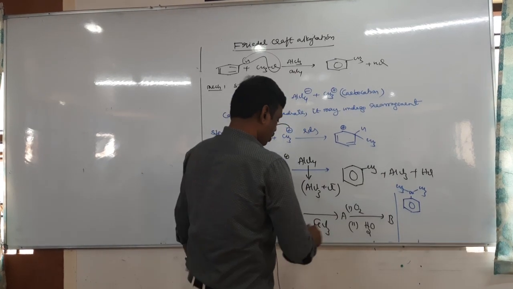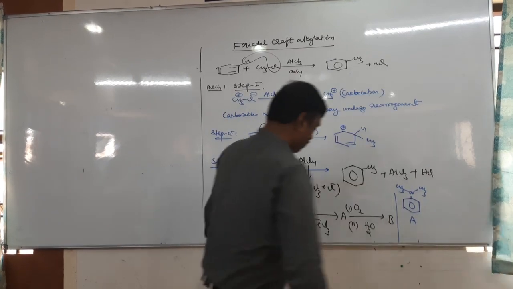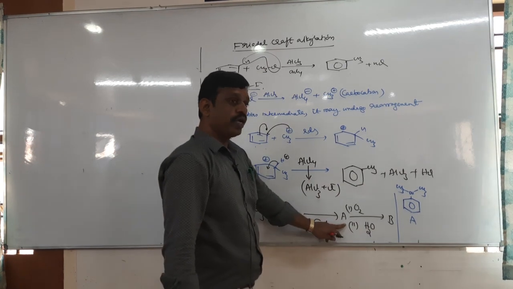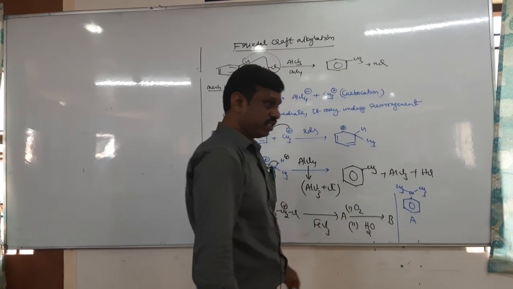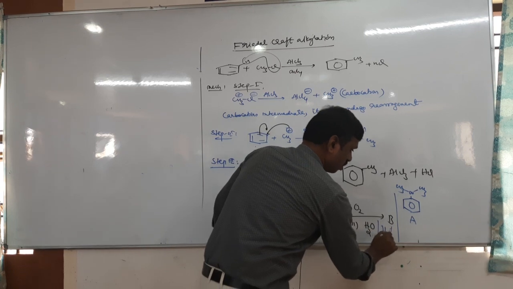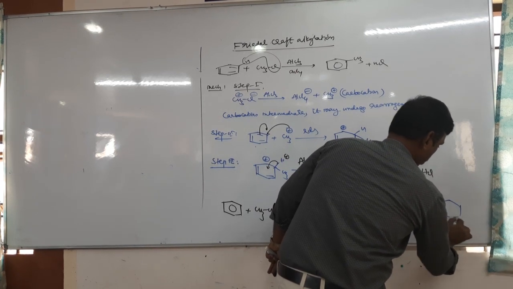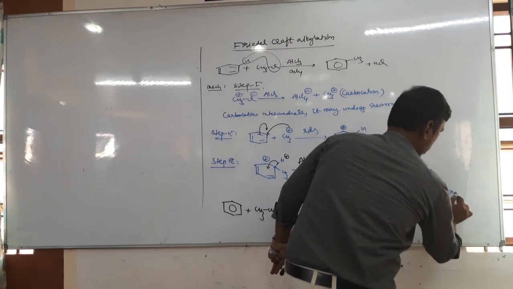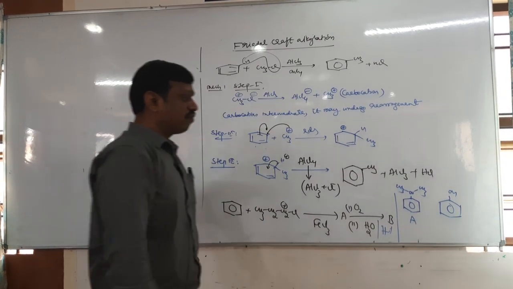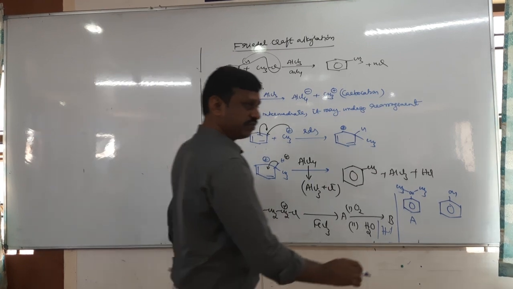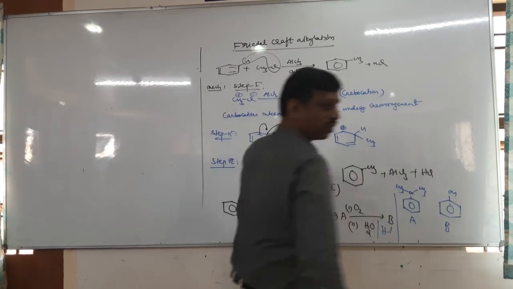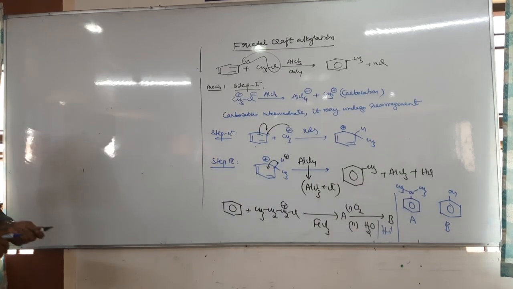So therefore A is cumene. Next, this cumene undergoes oxidation followed by hydrolysis in acidic medium. Now the whole group is replaced by OH. You will get phenol. So B is phenol. One of the important methods of preparation of phenol.